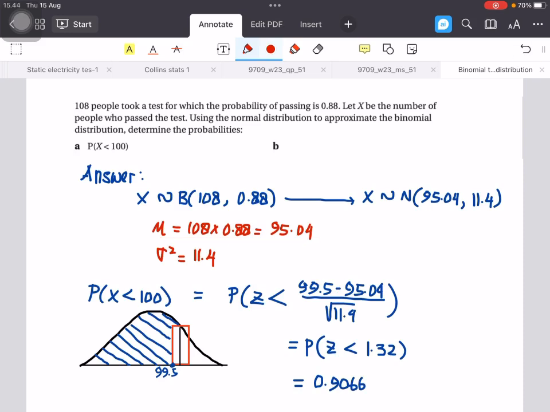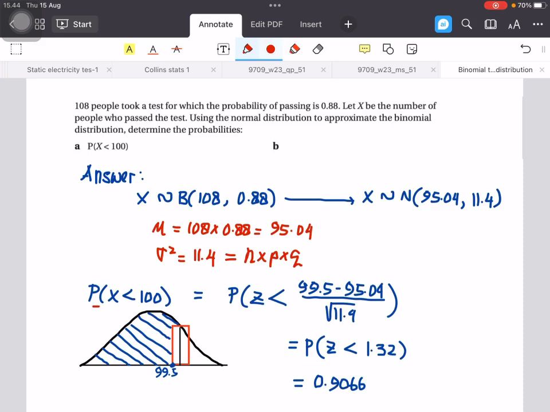So 108 times 0.88, and sigma squared is 11.4. The formula is n times p times q. So x is normally distributed with mean 95.04 and variance 11.4.